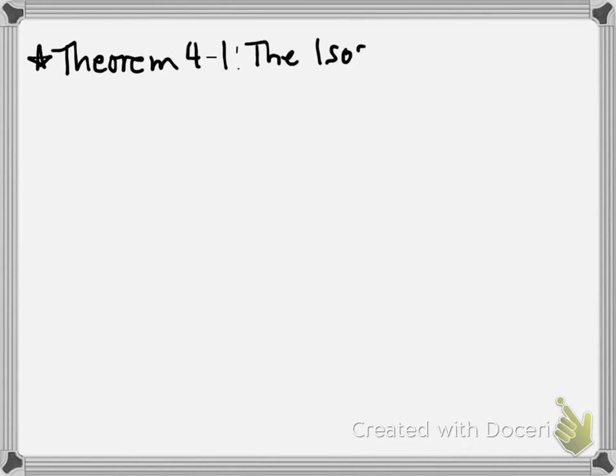First theorem of the day. This is theorem 4-1 because it's the first theorem in the chapter. We've only had postulates up to this point. That's kind of interesting. Here we were, fourth lesson and first theorem. This is called the Isosceles Triangle Theorem.